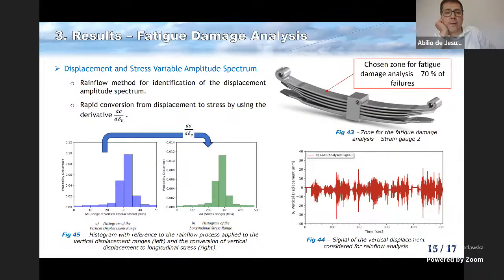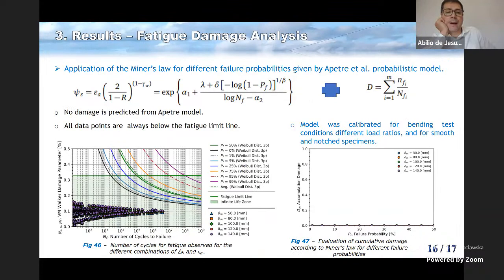Then we applied our resistance data in probabilistic form, covering stress ratio effects, residual stresses, and so on, and we were able to make some preliminary assessments.